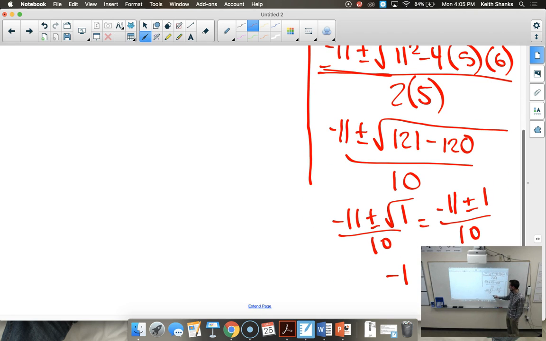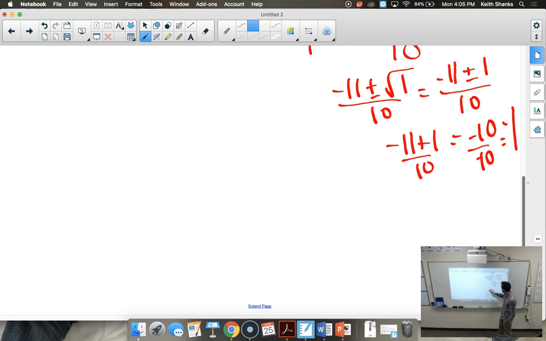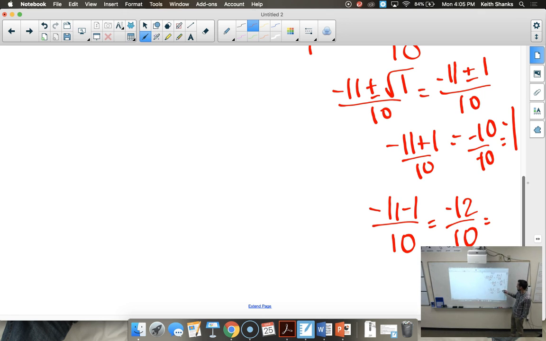You have negative 11 plus 1, which is negative 10 over 10, which equals negative 1. Or I could do the same thing, negative 11 minus 1 over 10, which equals negative 12 over 10, which equals negative 6/5.